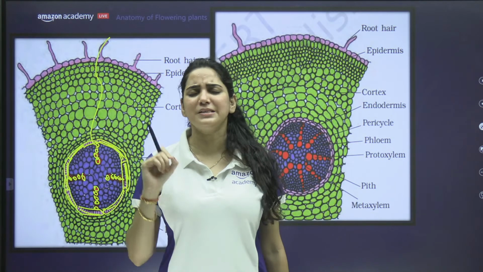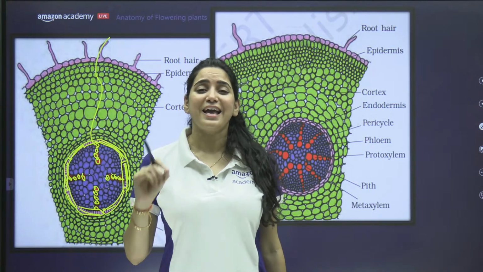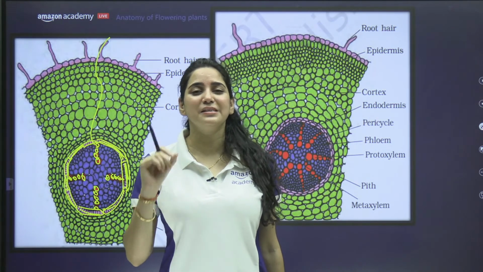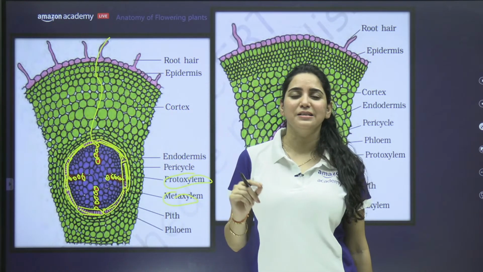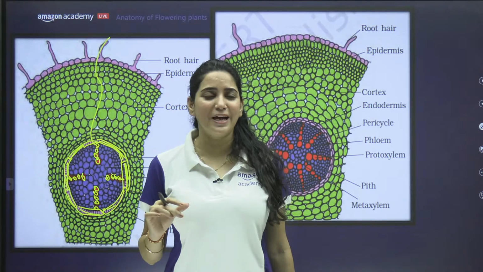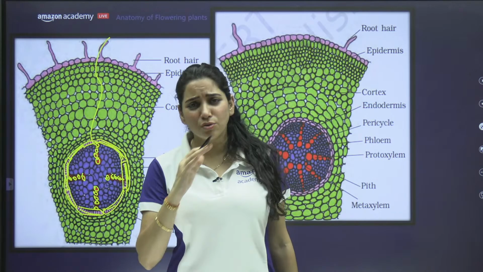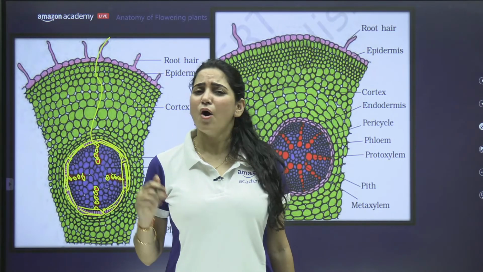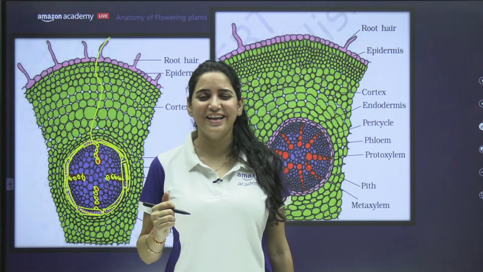There are some cells of endodermis where Casparian strip is absent. Yes, and those cells who do not have Casparian strips on them, that means they do not have suberin on them. If they do not have suberin on them, of course, the water is going to gain entry.